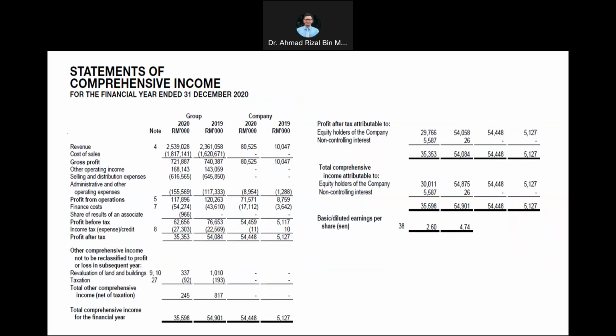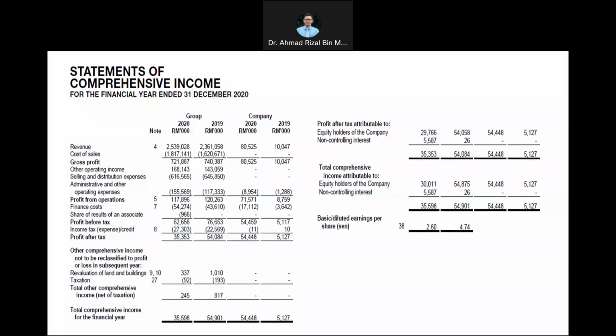Okay, so I just take the figure here, right? If we look at 721,887, the gross profit, we simply divide by the revenue of 2,539,028, gives us 0.284, okay, which shows us that the gross profit margin of 7-Eleven is 28.4%.